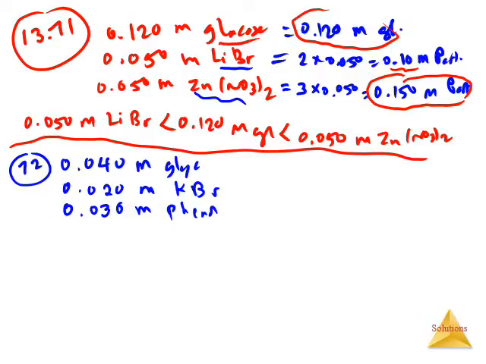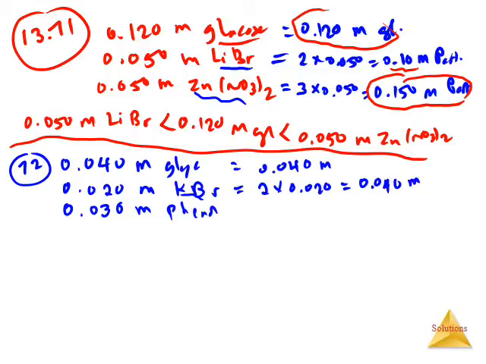So basically, the number of particles for the glycerin would be 0.040 molal. But for the second one, it's going to be 2 times larger, 2 times 0.020. Make sure you understand that because KBr breaks down into K plus and Br minus. So this is going to be 0.040 molal ions.